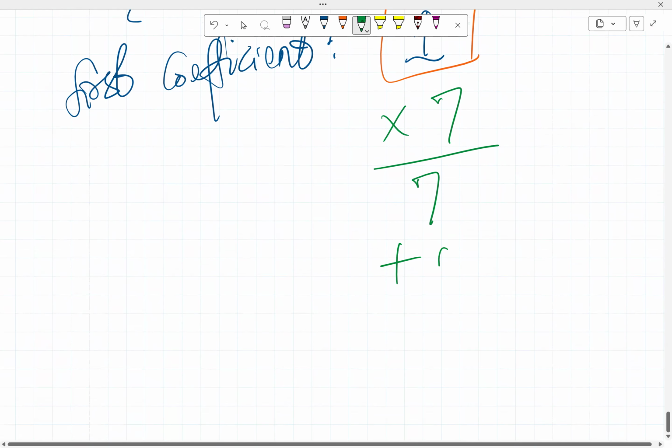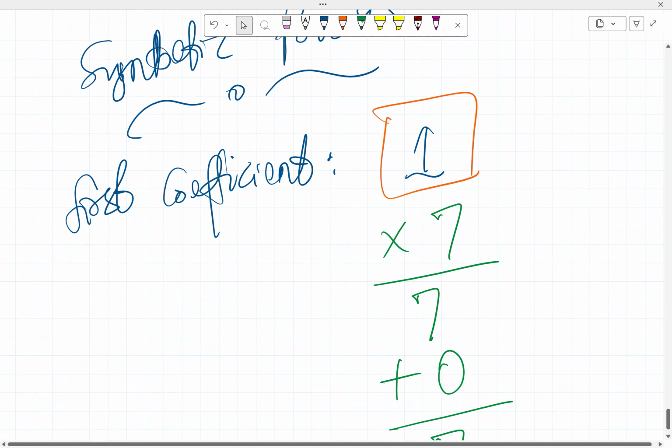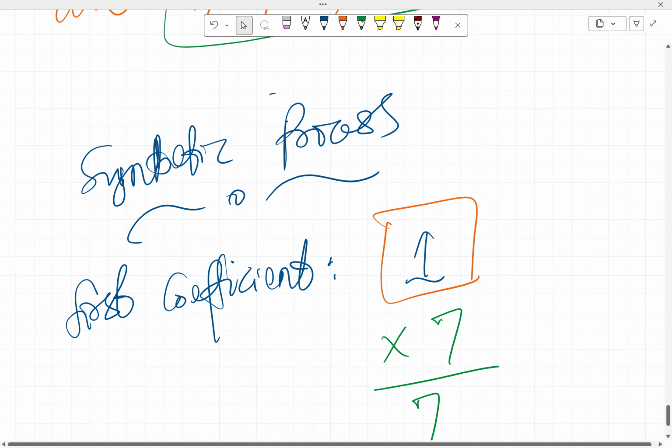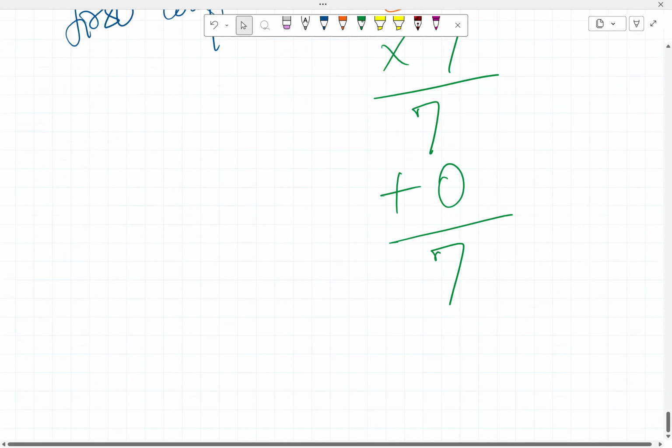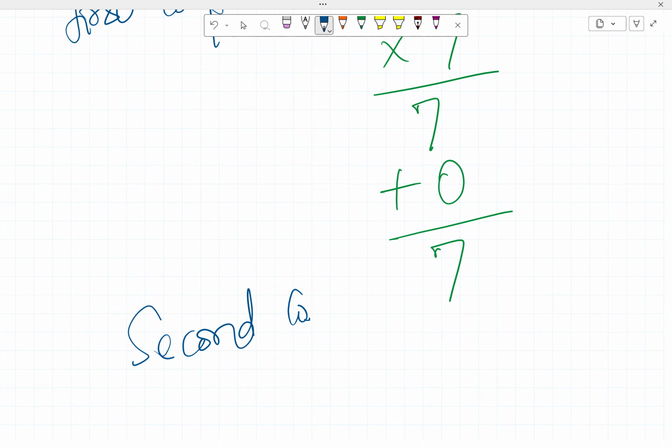So you now add it to the next coefficient. And once you add it, you have 7 again. So this new 7 you have now is your second coefficient for your quotient. So you can box that again.